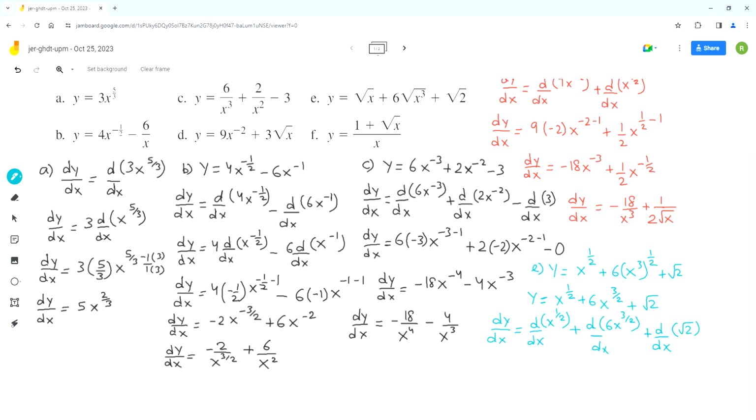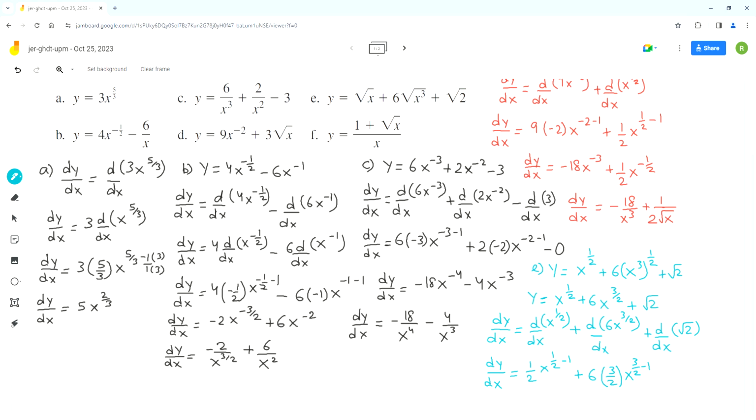So for the first one, dy over dx, we'll move the exponent to the coefficient level, half, and then subtract 1 from it. And then for the next one, we'll move the 6 outside and then times 3 over 2 times x to the power 3 over 2 minus 1.